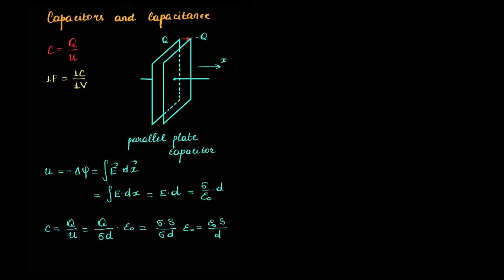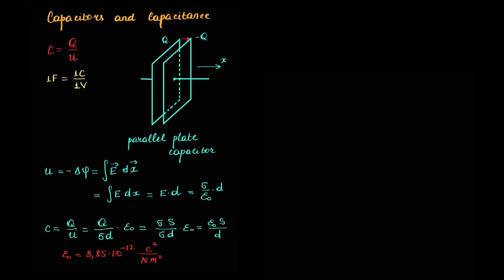Epsilon 0 is the permittivity of free space, which is 8.85 times 10 to the minus 12 newton meter squared per coulomb squared. So the capacitance of the parallel plate capacitor is just epsilon 0 S over d.